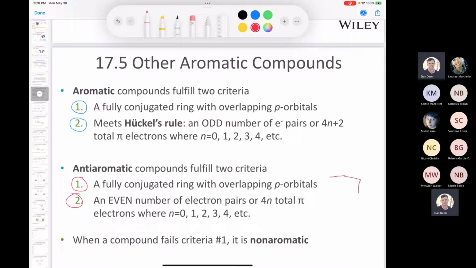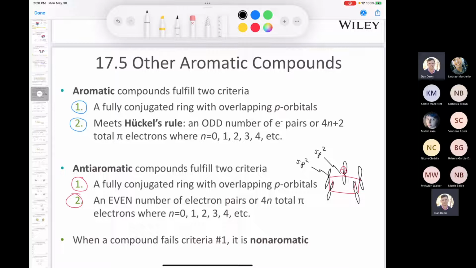If you take cyclopentadiene and you make a cation of it, then this would be sp2 hybridized, because we know that a carbocation is sp2, and every other carbon in here is sp2. So we have a continuously overlapping system of p orbitals, and it's got 4 pi electrons.